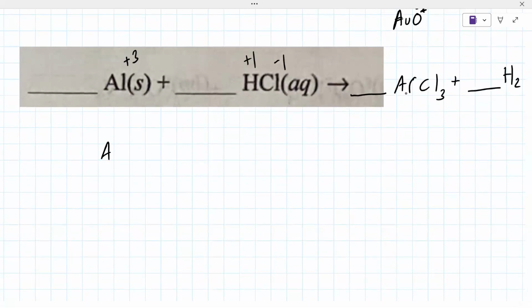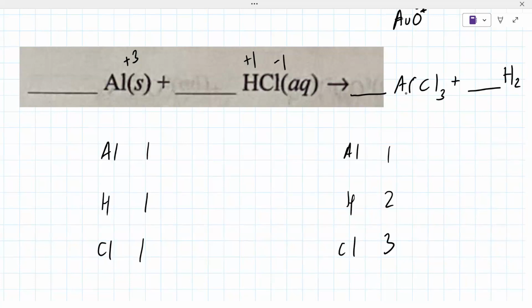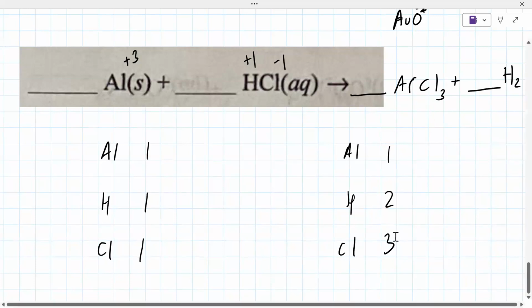Okay. So now you're down to doing the same thing, building your table. You've got one Al, one H, one Cl, and it would just be one, right? Because they're already balanced. Or is there more? Well, you've got 3 Cls and 2 H's this time. So definitely got some issues here.